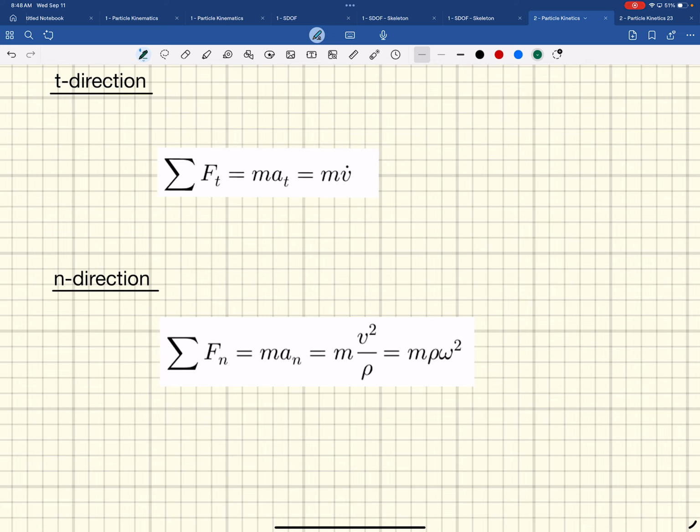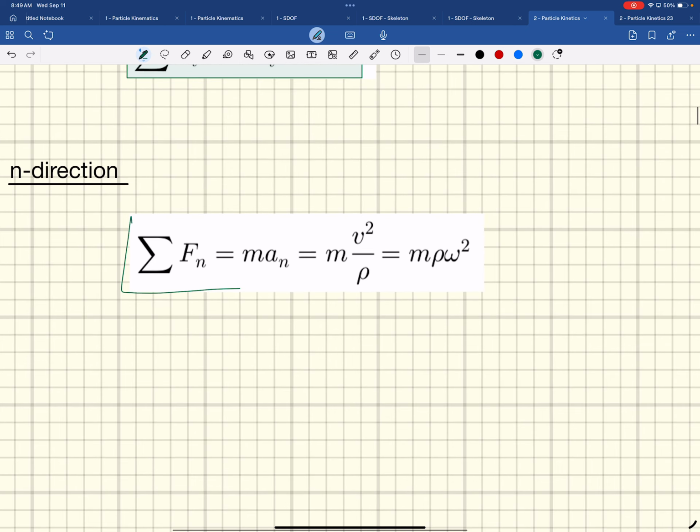I sum the forces in the ET direction, and that's equal to mass times acceleration in the ET direction, which is just your change in speed, your change in velocity. And then you do the same thing in the other direction. You sum the forces in the N direction, and it's equal to mass times acceleration in that direction.